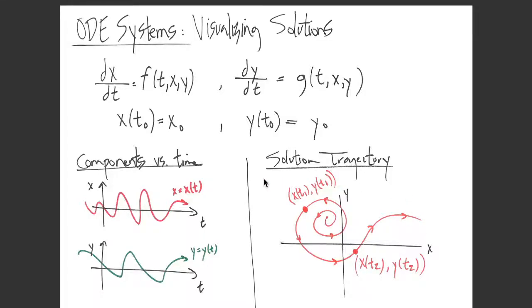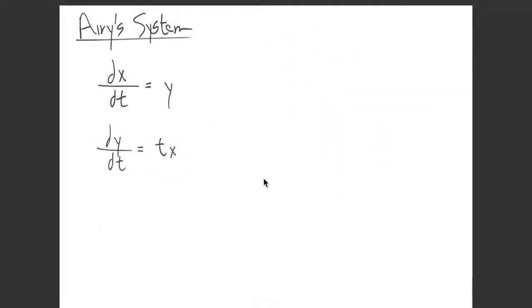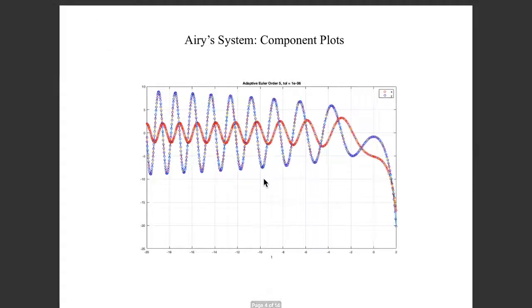So, for example, when we talked about Airy's system, to illustrate Euler's method for systems of equations, we looked at the plots of x and y as a function of time, and that's what you see here. I've solved the system on the time interval from minus 20 to 2, and I used some initial conditions that frankly I forgot. But the red curve is the x component of the solution, and the blue curve is the y component of the solution.